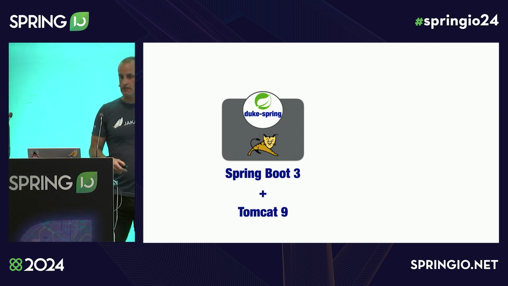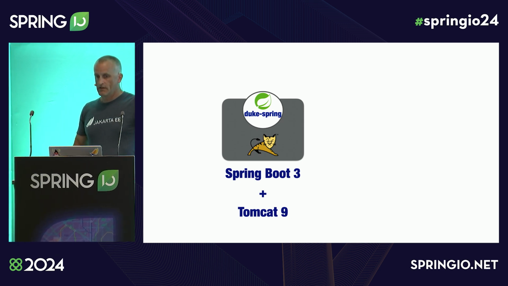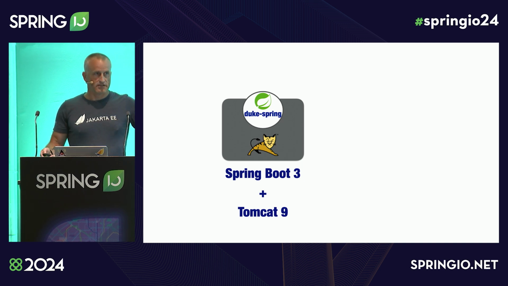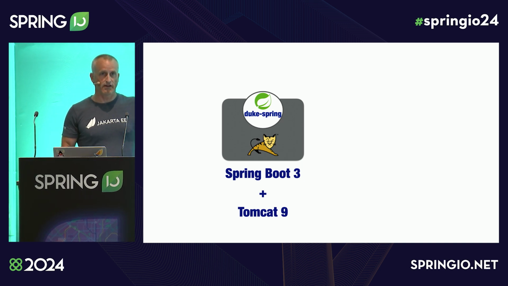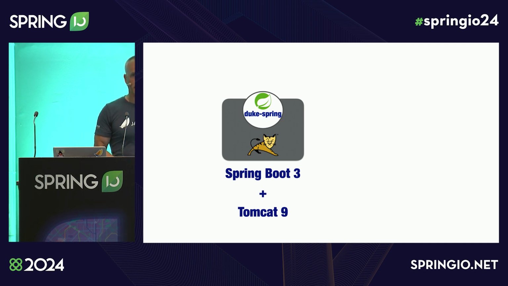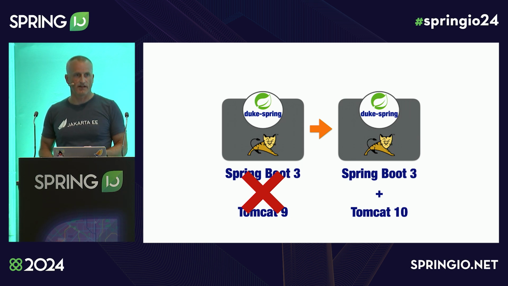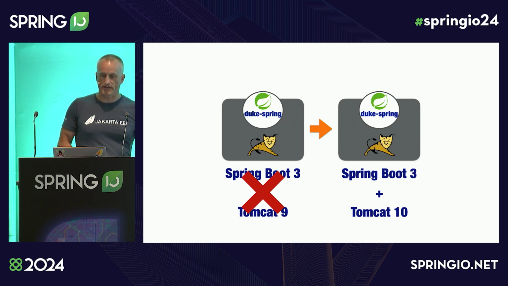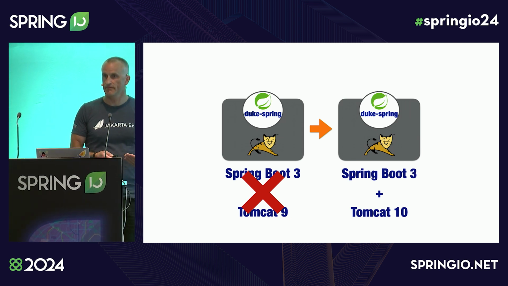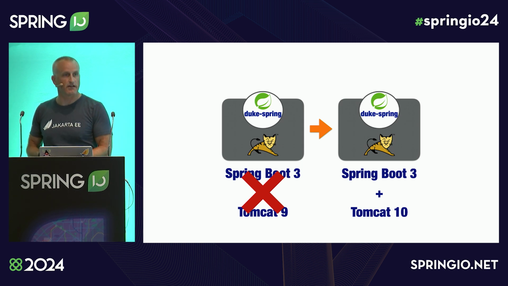And it starts, it runs, it works, but it won't do anything because the servlet isn't discovered. It's looking for a javax servlet, but you get a Jakarta servlet because you're on Spring Boot 3. So that won't work, and you have to be on at least Tomcat 10. So you have to tell the basement guys that, hey, you have to upgrade. So if you're on that kind of stack.